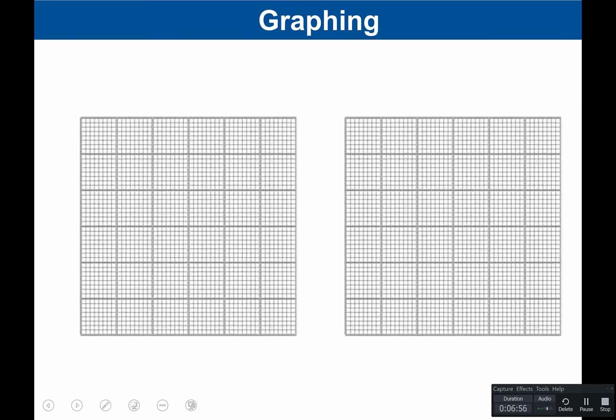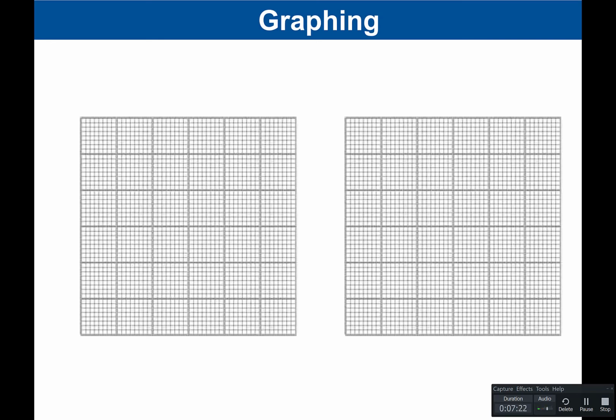Now for graphs, you have 2 graphs for this experiment. You have one looking at the effect of pH on the beet cell membrane. What you're going to be graphing for this is the absorbance and the pH of the solution. Remember that your x-axis, the one going horizontally, is going to be your independent variable.